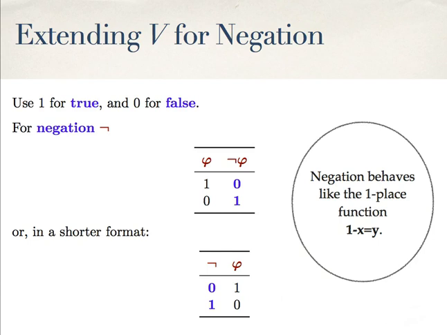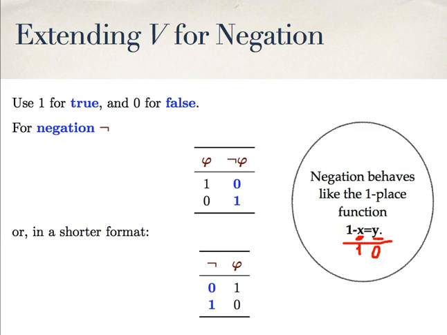What is interesting is that negation behaves like a function, and in particular, it behaves like the one-place function 1 minus x equals y. To see this, let's consider this function 1 minus x equals y. Suppose we assign to x the value 1. Now 1 minus 1 is 0. So if we assign to x 1, then the value of y is 0.